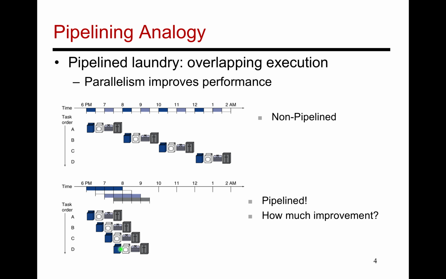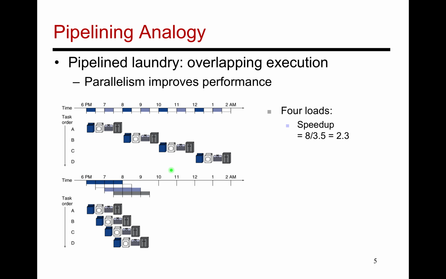Therefore, while, for example, I'm washing the fourth load, I can dry the third load, fold the second load, and put away the first load. Because of the existence of separate and independent resources, I'm able to do these operations in parallel. Now, the question is, how much improvement do we get by doing a pipelined operation versus a non-pipelined operation?